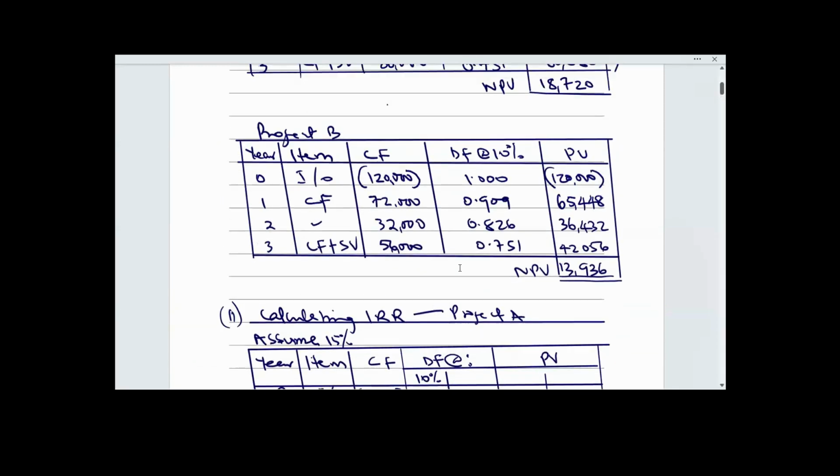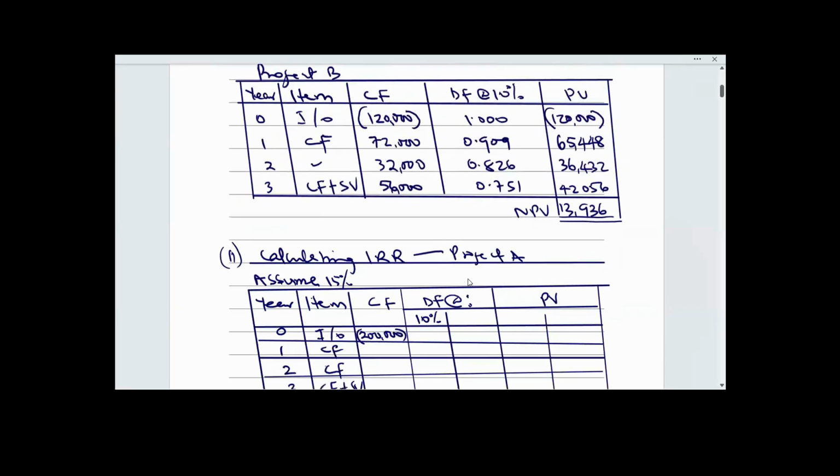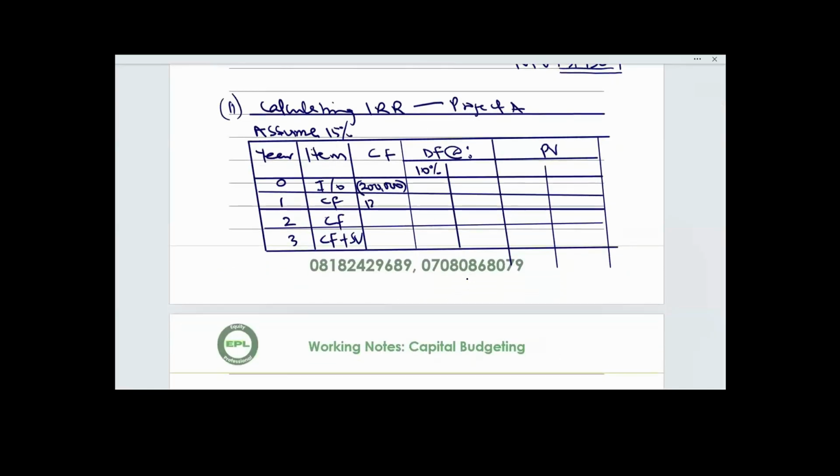Then year 1 cash inflow for project A is 120,000, then 60,000, then 80,000. Discount factor, sorry, this is 15%, not 10.